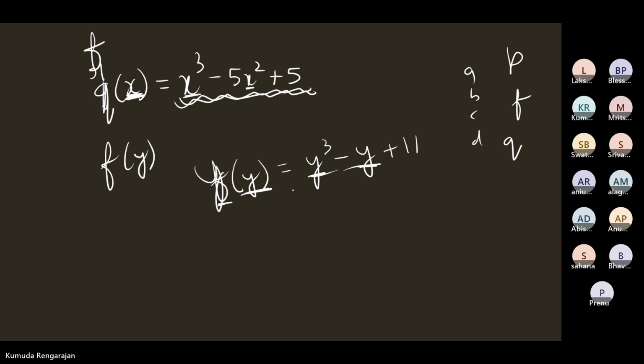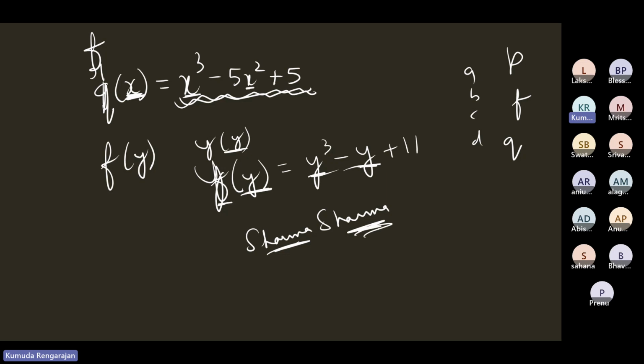Your name is different from your surname, right? Supposing you are Sharma, you cannot name yourself Sharma. Your surname is different. You cannot have the same name and surname. So you can remember like that: you cannot call it Y of Y. This one is Y only. Like your surname is fixed, you cannot decide your surname.